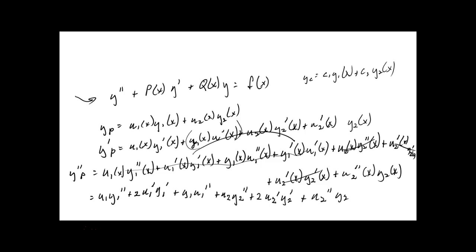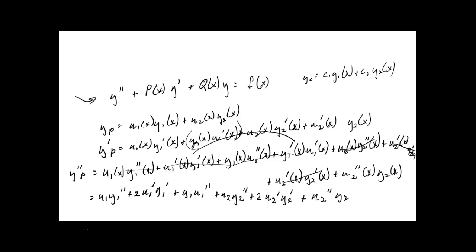And that's what they use in the next statement, which every time I look at it, I say, what are you talking about here? This isn't the same y sub p as before. This is the y sub p, or the homogeneous case.